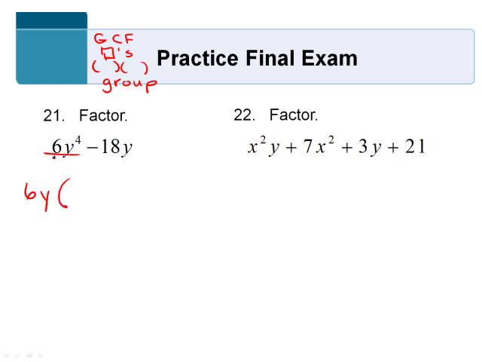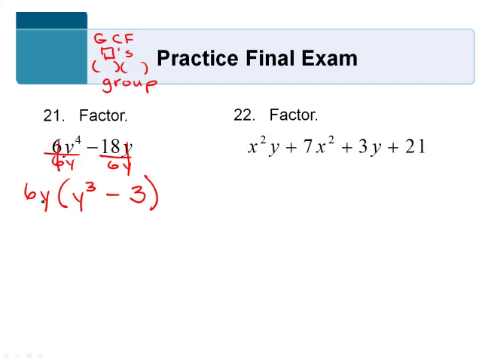Okay, so if we divide both terms by 6y, the 6's are going to cancel, and we get y to the third when we subtract, minus 3, because 18 divided by 6 is 3, and the y's cancel. So we just get y cubed minus 3 in the parentheses. But if you don't have the 6y out front, it's wrong. That's the whole idea there.